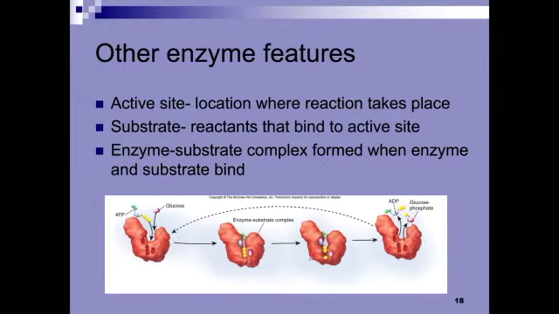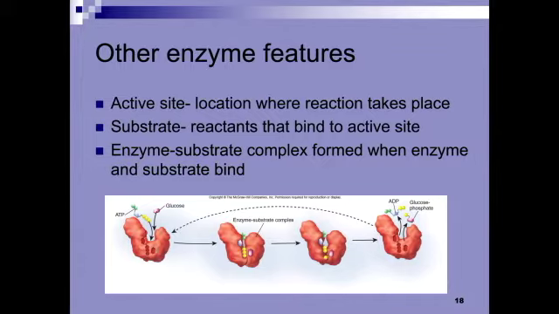Now, we need to look at some of the physical features of the enzyme in order to understand what's going on here. So here we have a picture of an enzyme, and we're still using that phosphorylation of glucose step, because that's the first step in primary metabolism. So here's the enzyme, this big pinkish reddish blob.